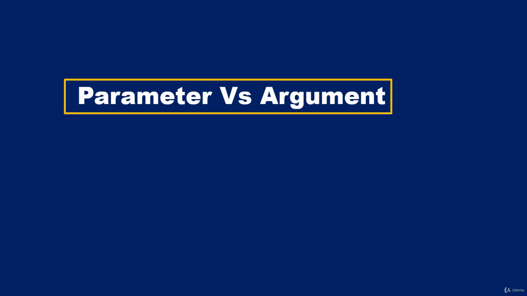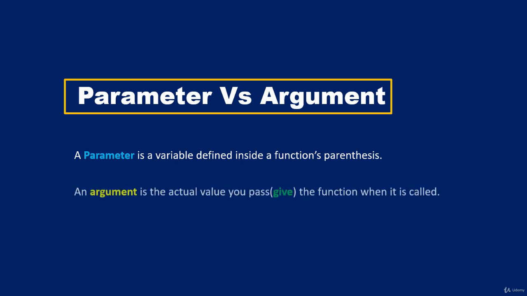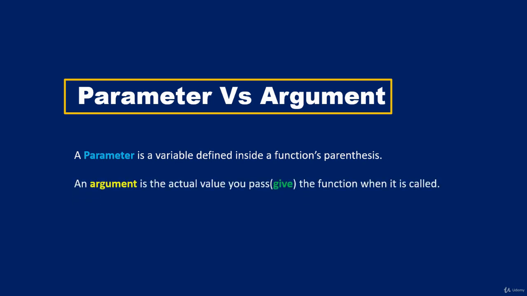I just want to explain again the difference between the parameter and the argument. The parameter is the variable that is defined inside the function's parentheses, while the argument is the actual value you pass or give to the function when the function is called.